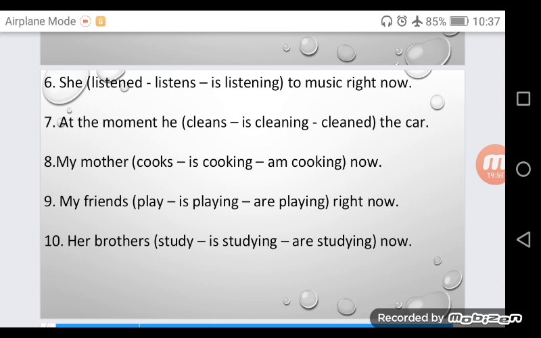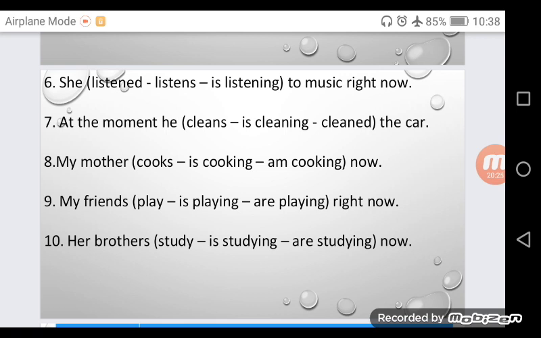The correct answer is cleaning. At the moment, he is cleaning the car. Number 8. My mother cooks, is cooking, am cooking now. The correct answer is cooking. My mother is cooking now.